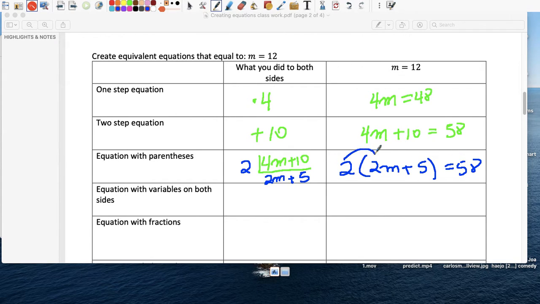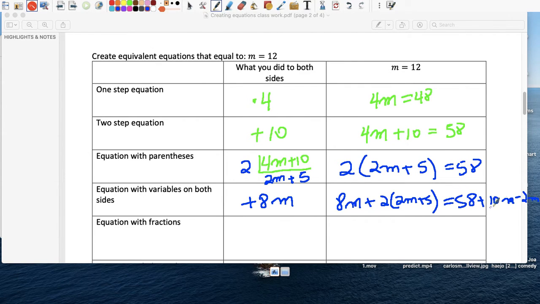When I do this properly, 2 times 2 is 4, and 2 times 5 is 10. So we're good. Now we want to add a variable to both sides, plus 8m. So I'm going to go 8m plus 2 plus 5, and on the other side, 58 plus 10m minus 2m. Isn't 10m minus 2m 8m? So, okay.